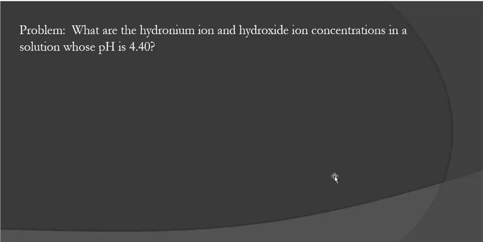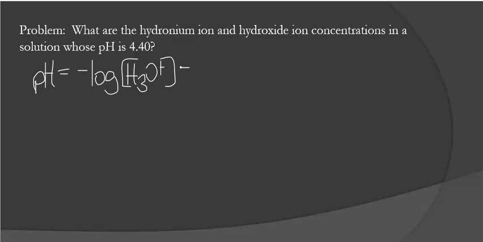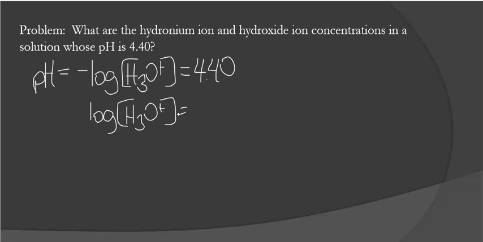In this example, what are the hydronium ion and hydroxide ion concentrations if we have a pH of 4.4? Well, pH equals negative log of H3O plus, and that equals 4.4. I'm going to bring the negative sign to the other side. So log of H3O equals negative 4.4.